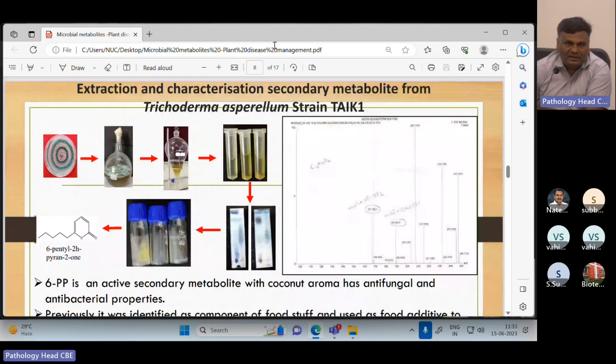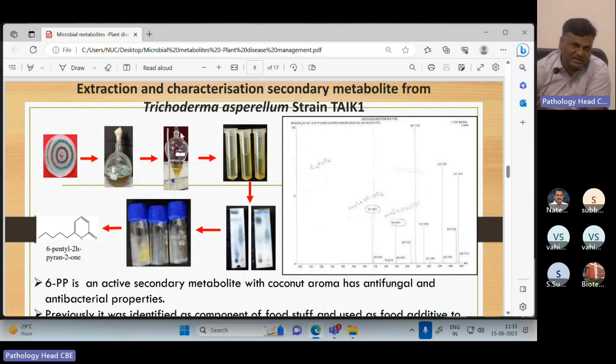When we were looking at the metabolite class of this Trichoderma, it had very good antimicrobial activity. So we thought we would purify whatever compound we were getting that was very active in the bioassays, and we started extracting the compounds.